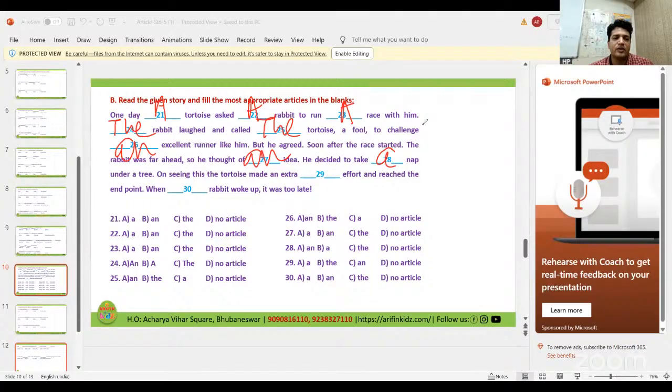On seeing this, the tortoise made an extra, no article is needed, effort and reached the end point. When the rabbit woke up, it was too late. This is the precise answer of the entire passage. Please have a look and go through this.